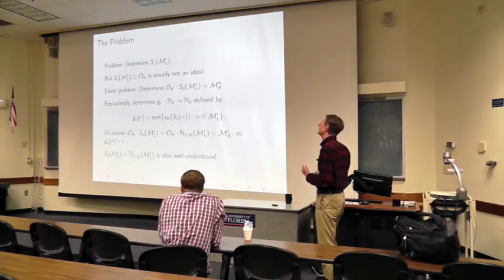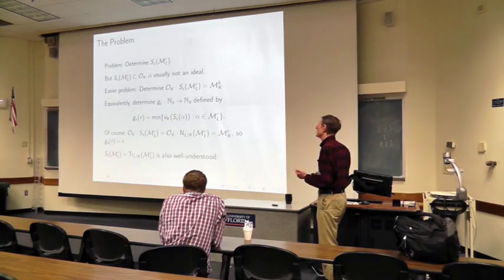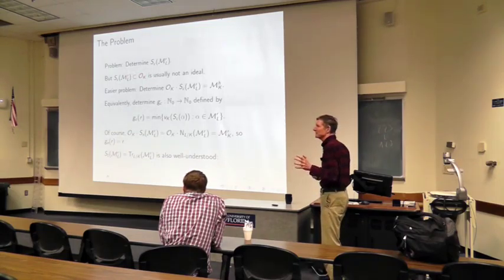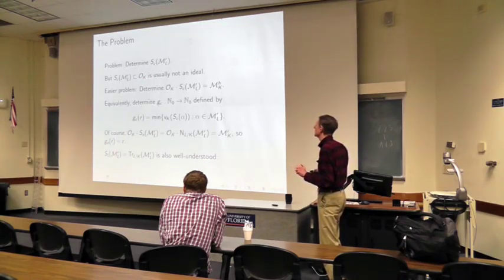For instance, if you're looking at the case where c is n, the norm, then basically you'd be doing class field theory for the extension L over K. I don't want to try to deal with anything that difficult.